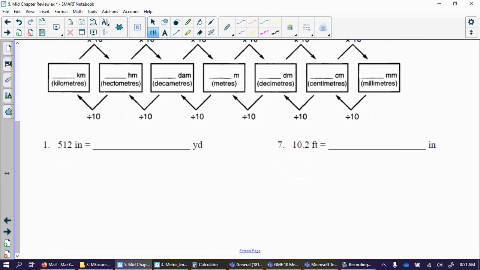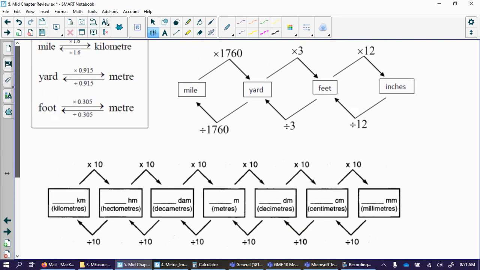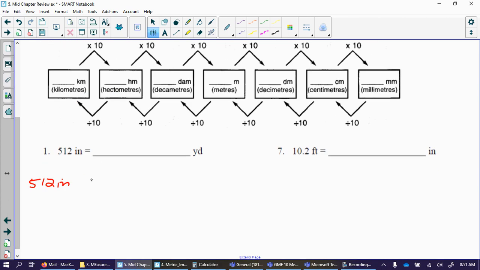So we start with 512 inches. I'm going to go to yards, so I need to divide by 12 inches per foot, and then we need to divide by 3. And that should give us our answer.